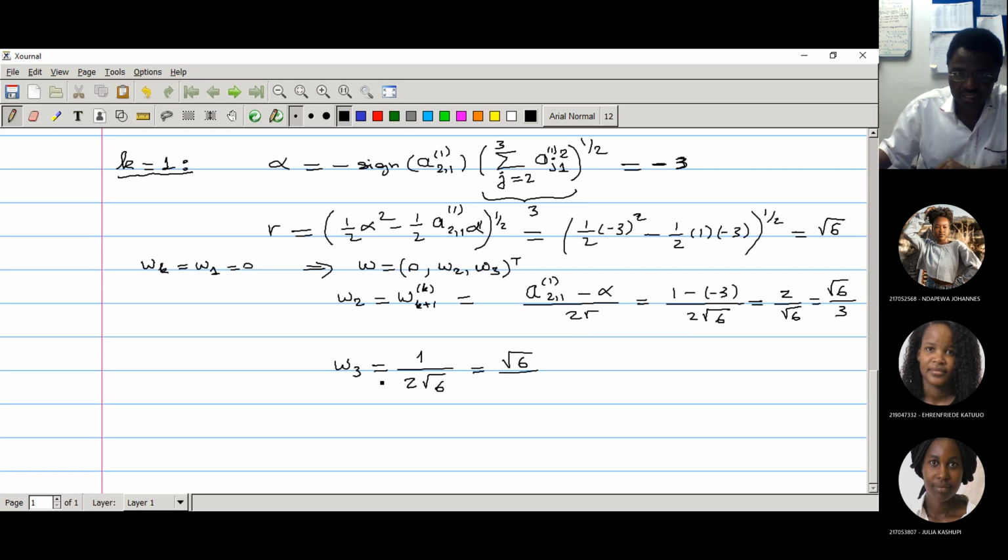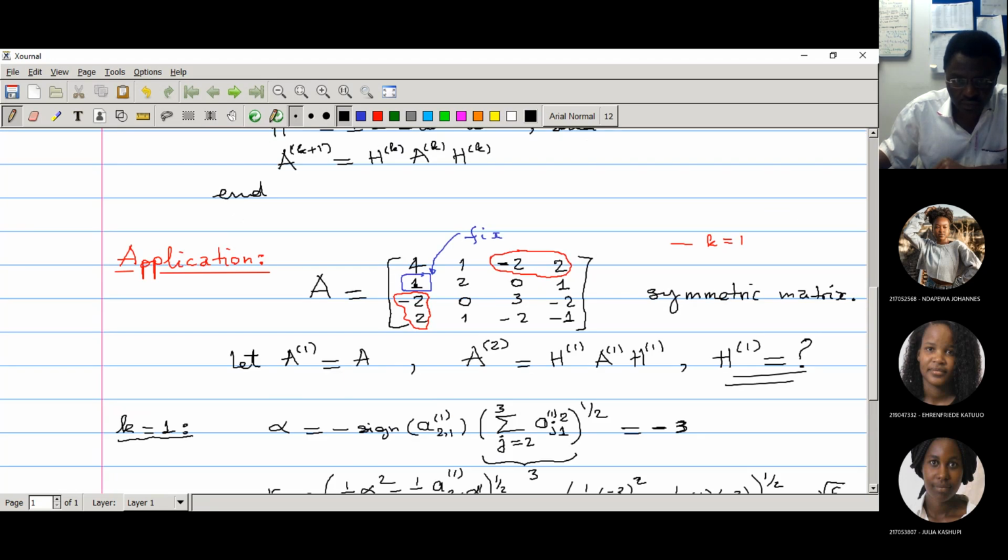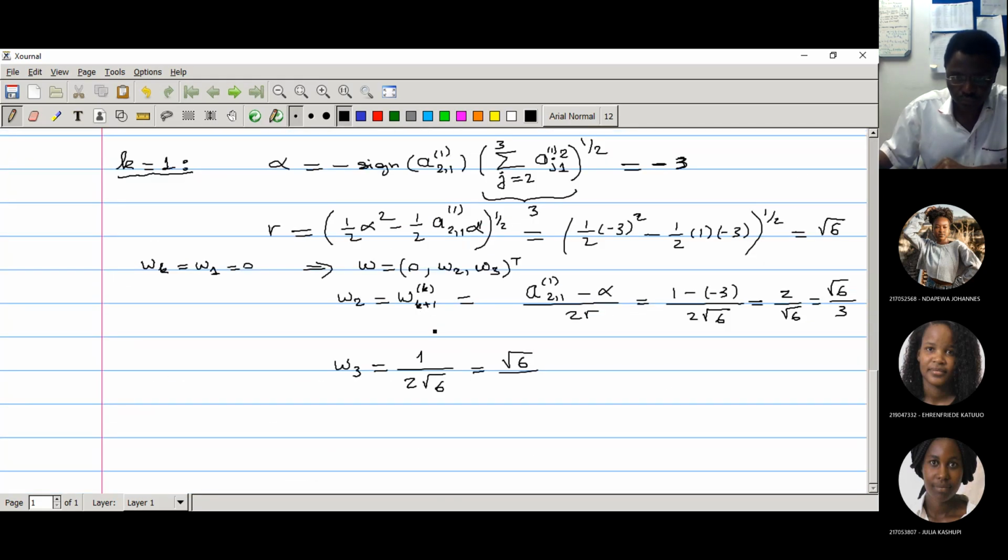So meaning that it is the element below this. We move below the first column. So this is changing. Now that W3 means the third row. So what is the third row? 1, 2, 3. So that element below, and the next one will be the element below, and so forth. So this element is -2. So this is -2.